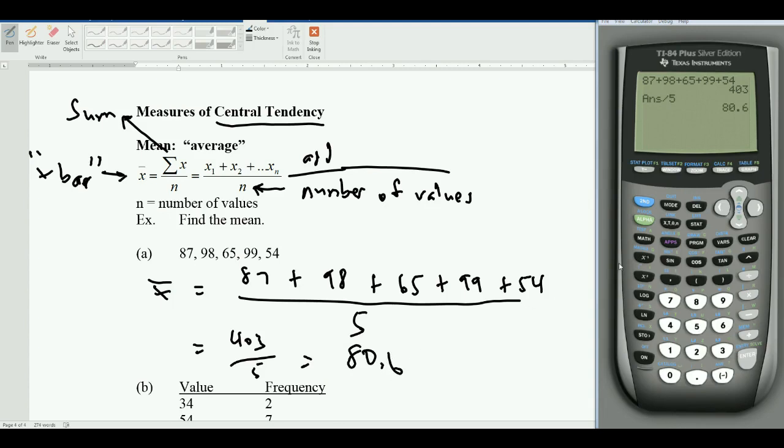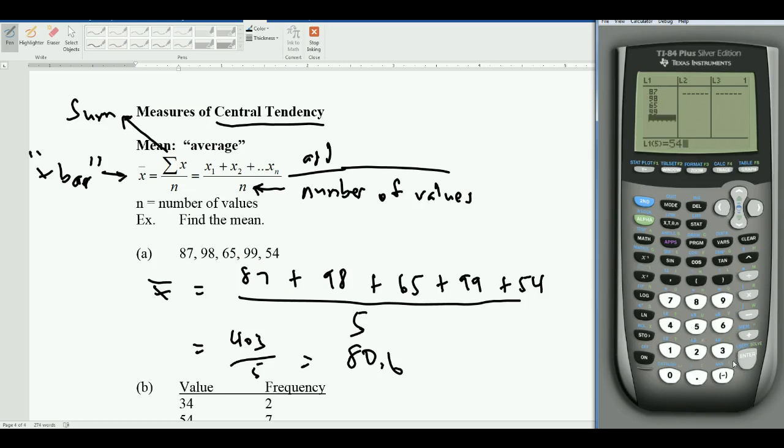And that's your mean. While I have the calculator up here, watch this. I'm going to click on stat. I'm going to keep it on edit and just hit enter. Then I'm going to type in these data values here. 87, enter. 98, enter. 65, enter. 99, enter.